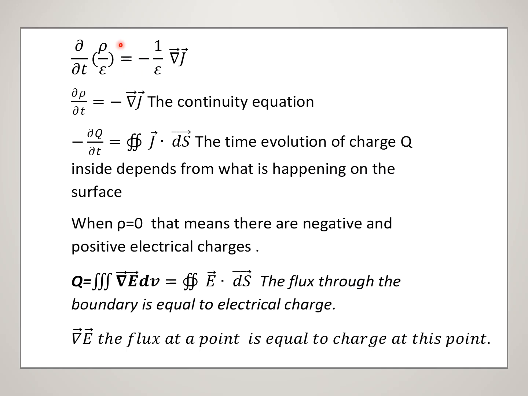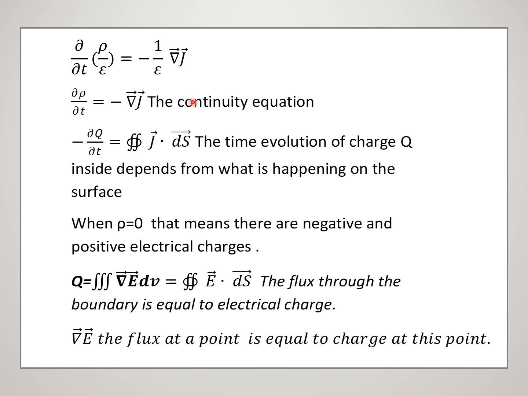Now, from this third equation, if instead of del dot E we put rho over epsilon, this is equal to minus 1 over epsilon del dot J, which is the continuity equation.